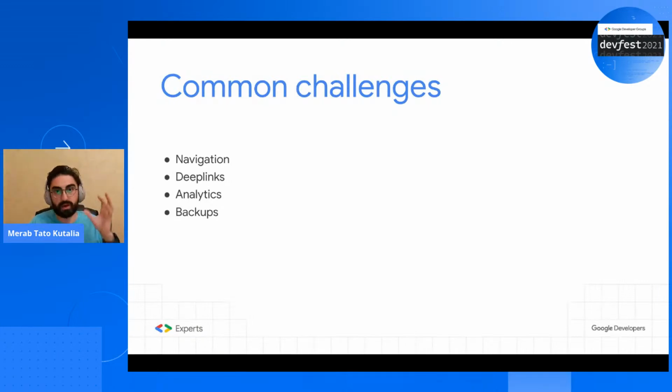Those are very hard, and you can use Espresso, of course, but still writing those tests is harder by nature than any other. Then the analytics, to ensure that you actually track and log the analytics, and how you can do the backups.